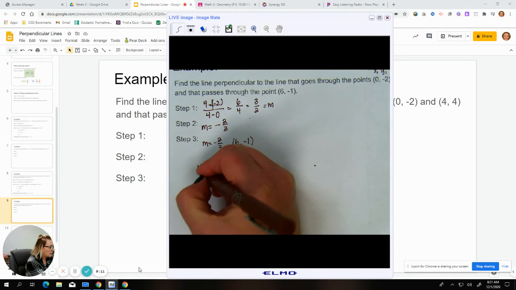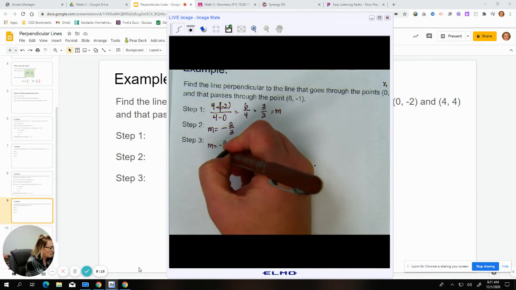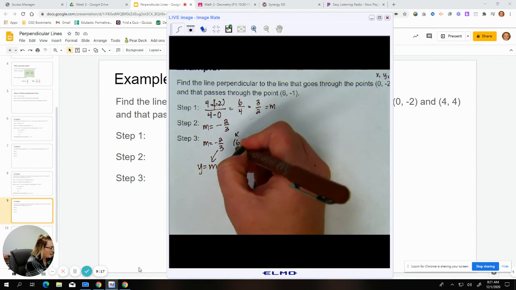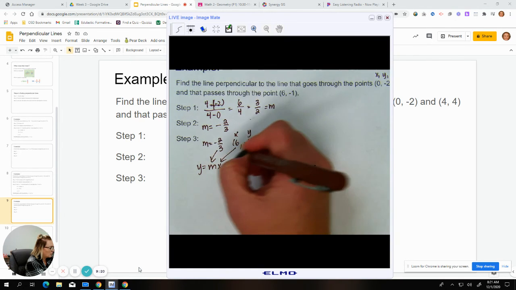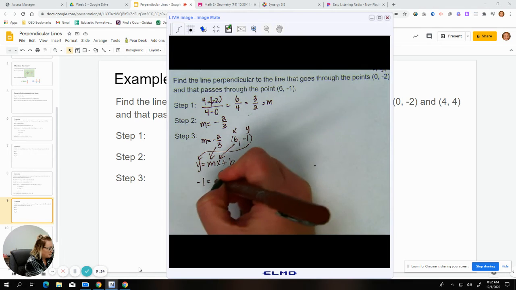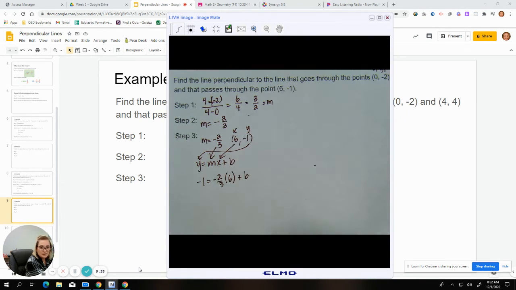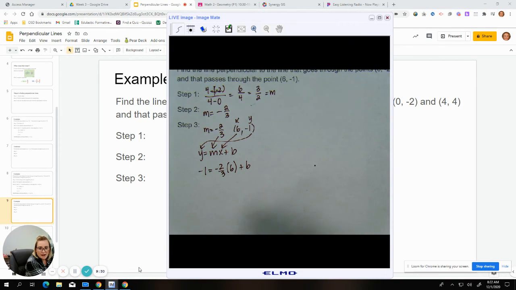And again, we are going to plug it into y equals mx plus b. So here's our m, here's our x, here is our y. Negative 1 equals negative 2/3 times 6 plus b. If you are not a great fraction person, that's okay.